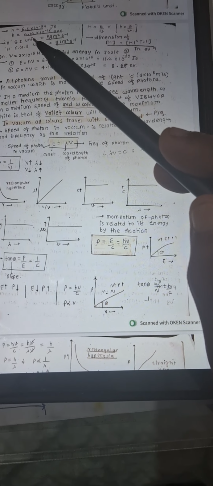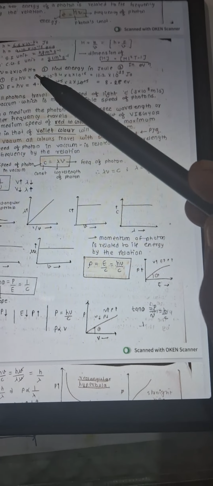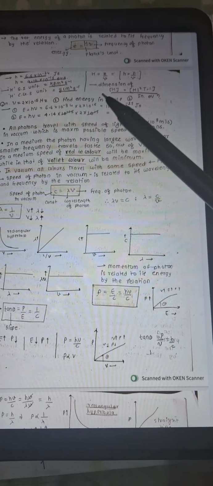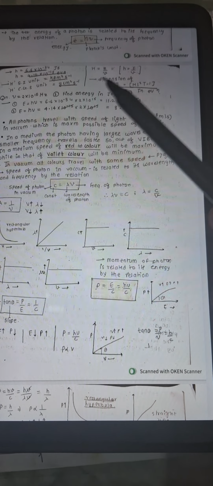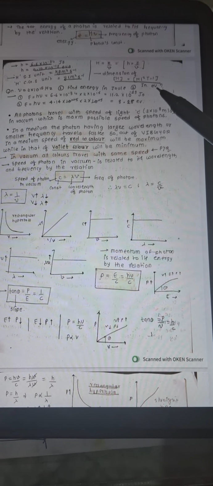The value of h is 6.6 into 10 to the power minus 34 joule second, which is also equivalent to 4.14 into 10 to the power minus 15 electron volt second. The SI unit is kg meter square second minus 1, the CGS unit is gram centimeter square second minus 1, and the dimensions are M1 L2 T minus 1.